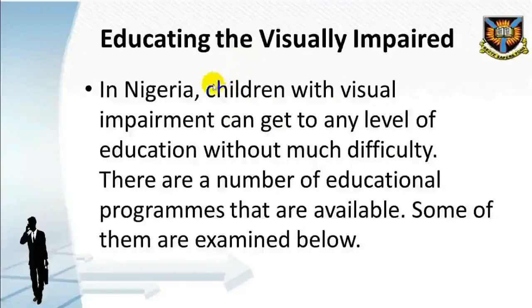In Nigeria, children with visual impairment can get to any level of education without much difficulty. There are a number of educational programs that are available. Some of them are examined below.